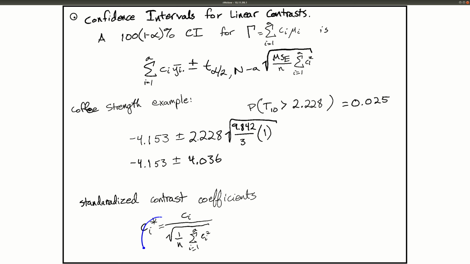What this does is it makes it so that the variance of our estimate for the contrast is equal to sigma squared, and in that way it's standardized.